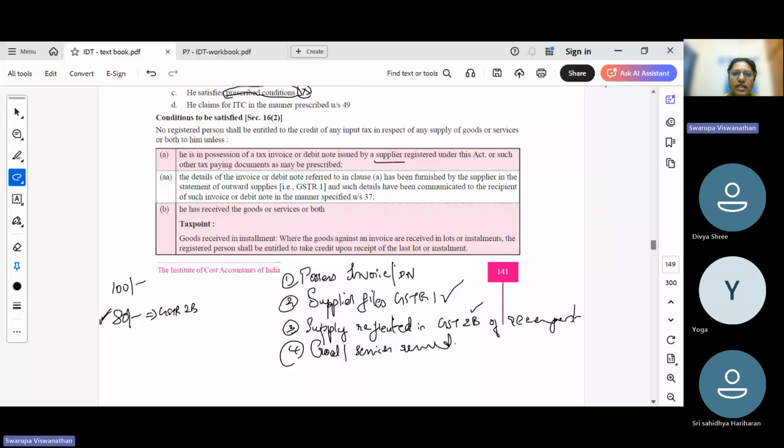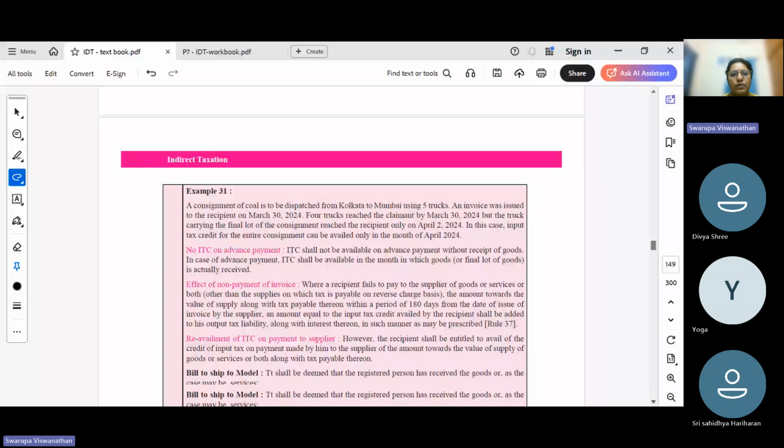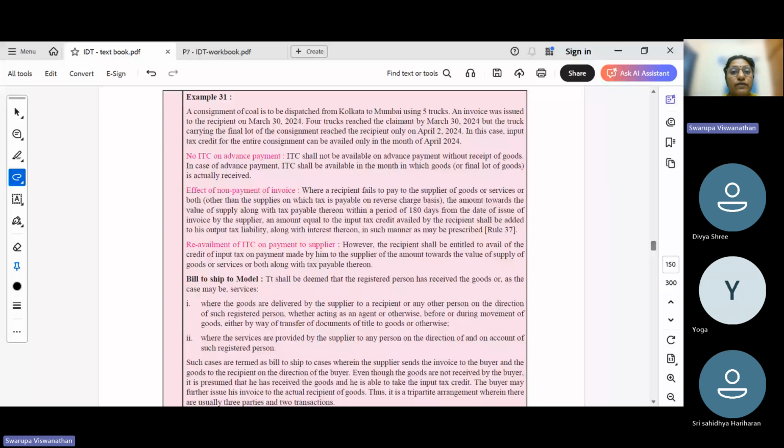So the invoice should be there, filed in GSTR1, reflected in GSTR2B, and goods or services should be received by the recipient. In case of goods being supplied in lots, only when the last lot is received can ITC be availed.